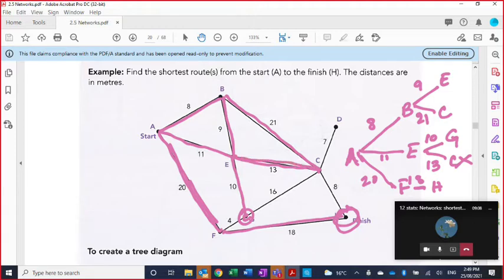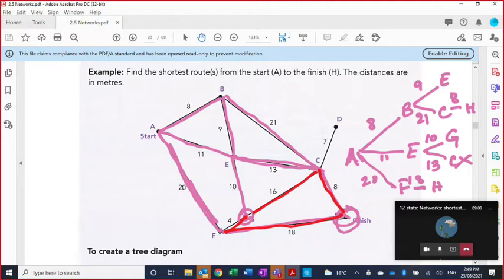So from C, though, I can go straight to H. So this C, I can go straight to H, and that gives me a path of 8 meters, right? I'm not worried about D at all because it's not even on the route to get to H. So you could continue these pathways, but you know they're not going to be the shortest ones, so we're not the least bit interested right now. Again, we're only interested in the shortest possible path.